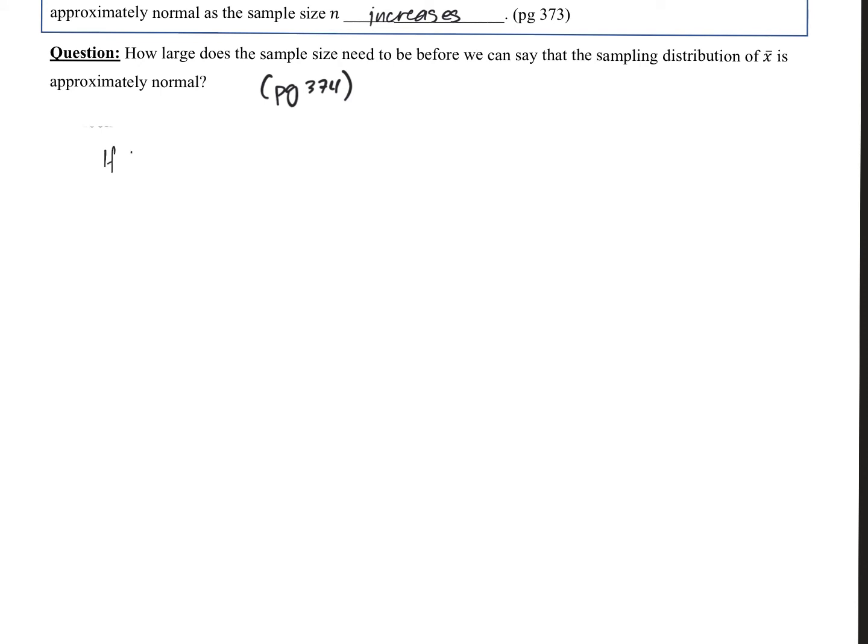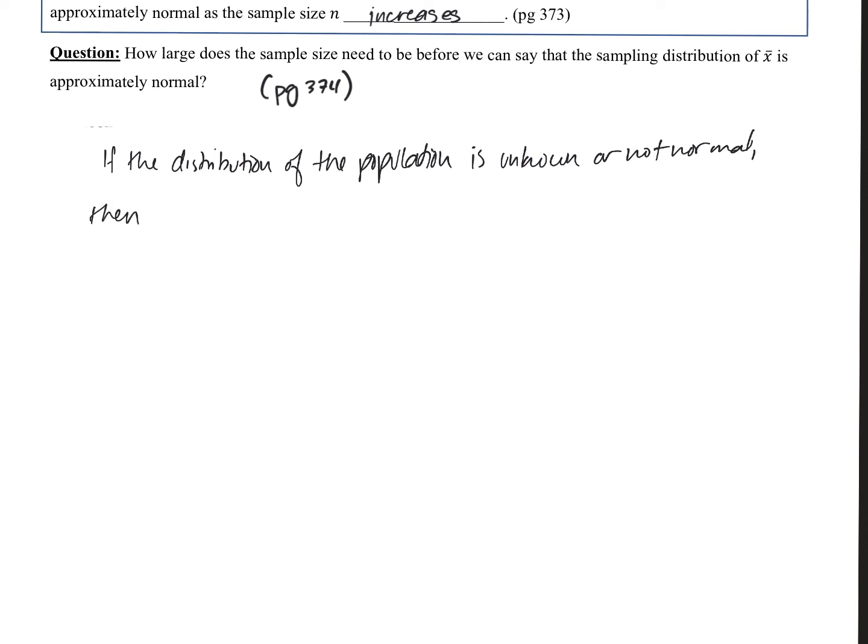if the distribution of the population is unknown or not normal, then what happens next?